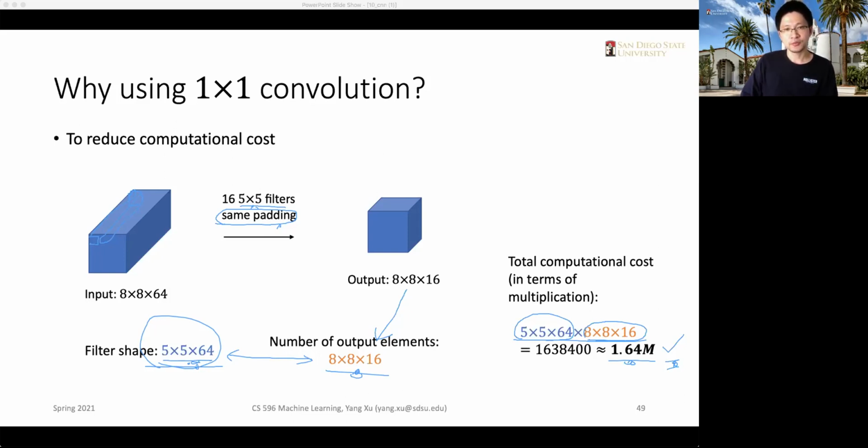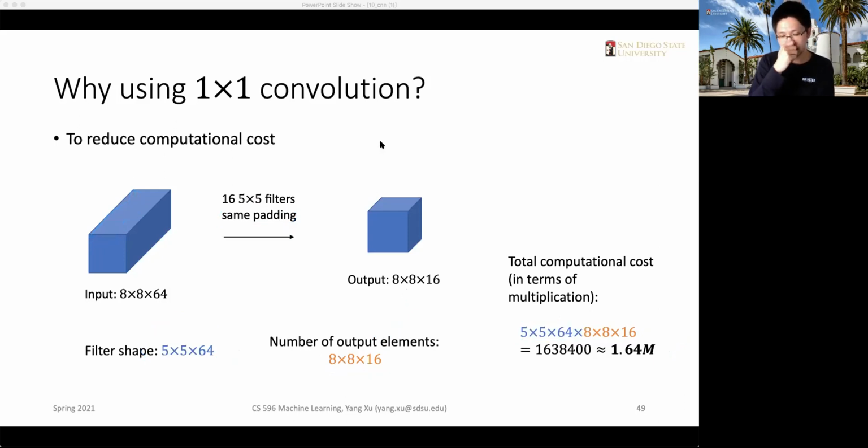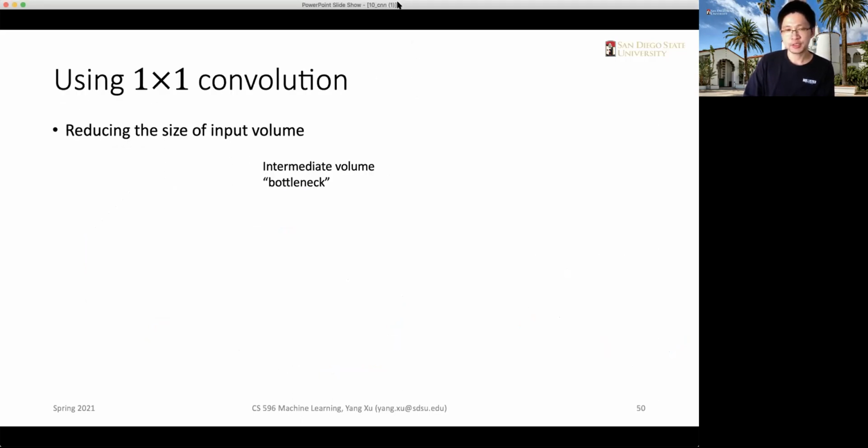So actually we want to reduce the amount of computation, and it turns out that if we apply the one-by-one convolution first, it will significantly save us computation, right?